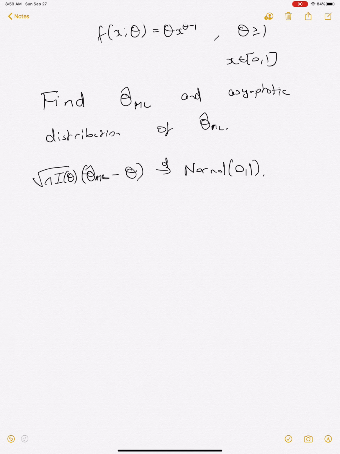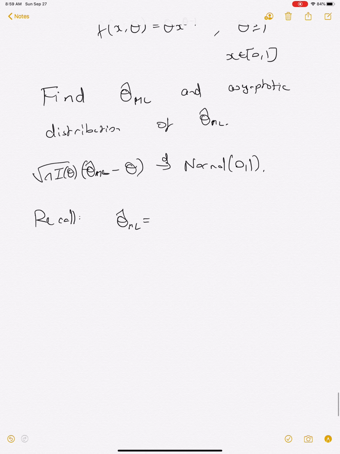So recall that theta hat ml is just the sum of the logs, or we write it in this different way as the log of 1 over the sum of the log of 1 over the x's. So this is an average of logs rather than the overall average.